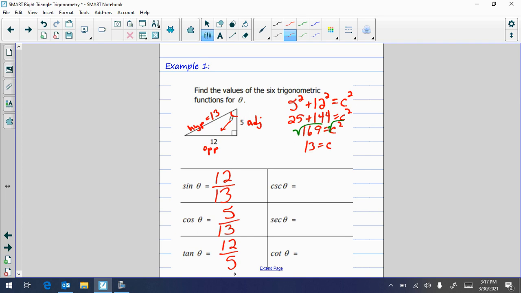Now for my cosecant, secant, and cotangent, I can just flip those, which ends up being hypotenuse over opposite, hypotenuse over adjacent, and then the last one, adjacent over opposite.